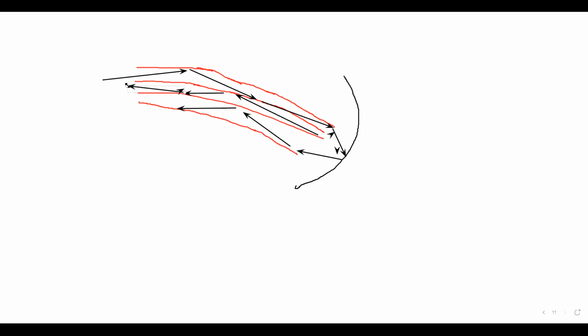So light undergoes total internal reflection, bounces off the inner wall and returns back, so we can examine.